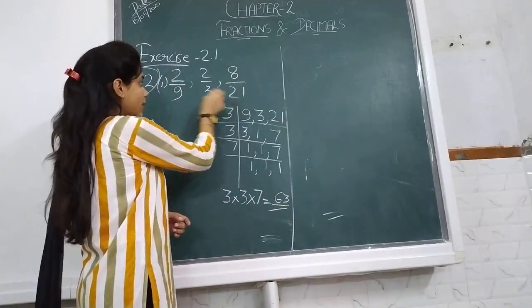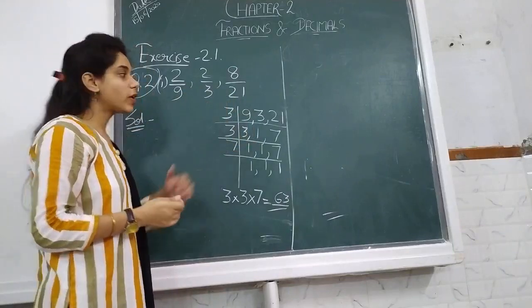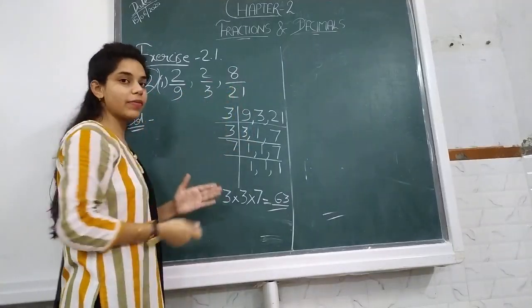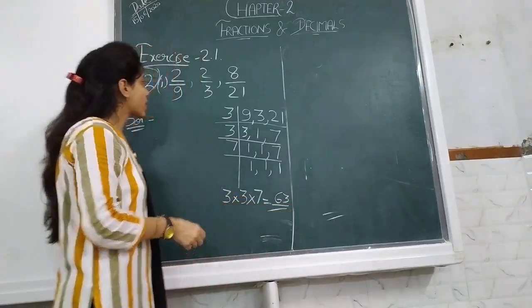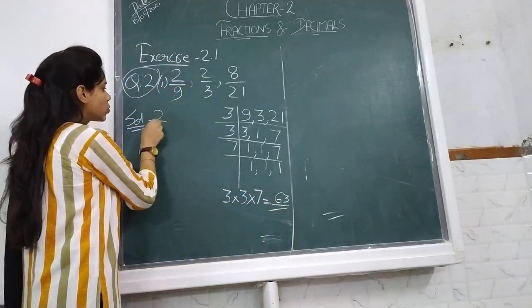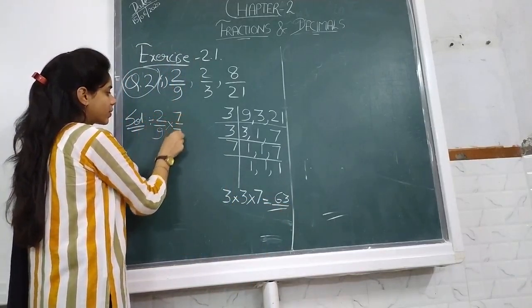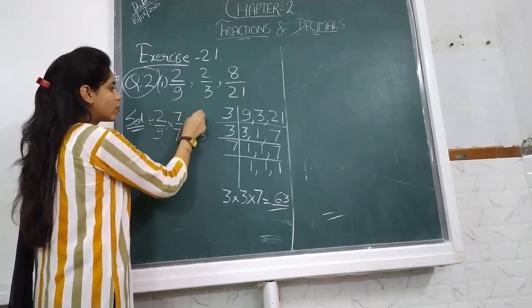So we have to make the denominators equal. To make the denominators equal, we have to multiply the denominators with a number so that we get that LCM number. So take this fraction 2 by 9. Multiply with 7. So 9 sevens are 63 and 7 twos are 14.